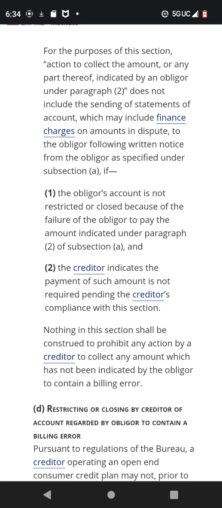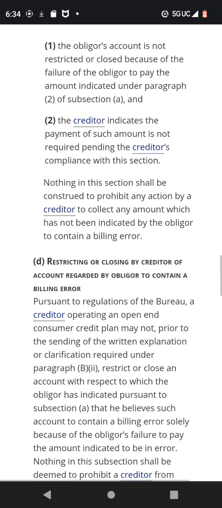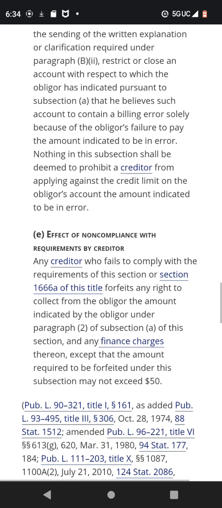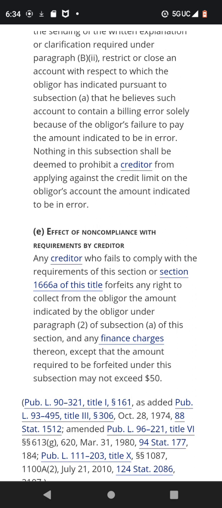Once you state that it's a billing error, they cannot collect on that until they give you your documentary evidence. Now, restriction or closing by a creditor of account regarded by obligor to contain a billing error. These people had no right to close my account down.